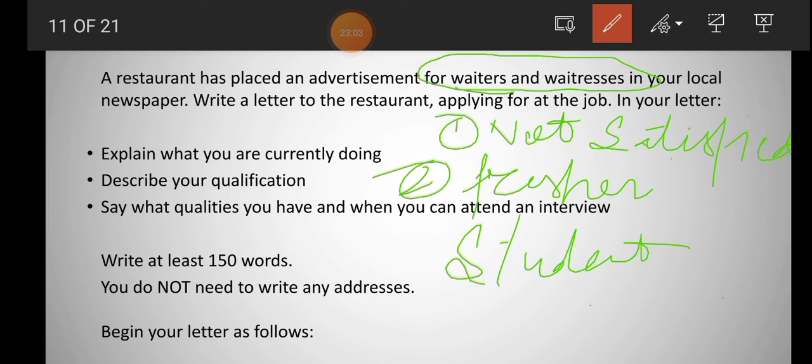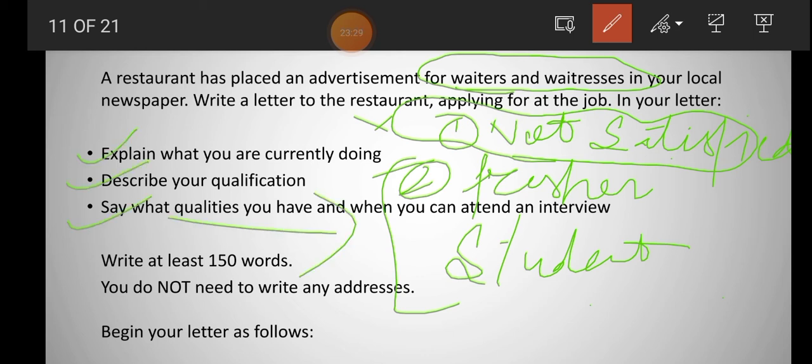Now see, if I am not satisfied, then I need to explain this point very well. I can't tell my employer that I am working in this and that organization where I'm not satisfied, that's why I am applying to your organization. This is a totally wrong way of writing. If you are a fresher or a student, then you could use these bullet points to explain this reason.